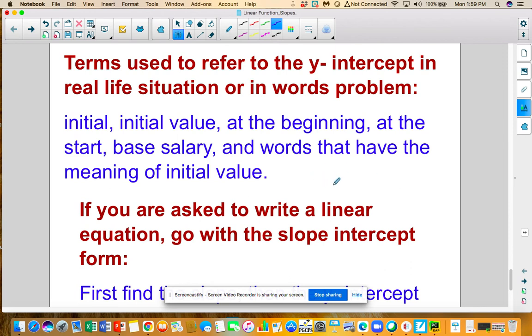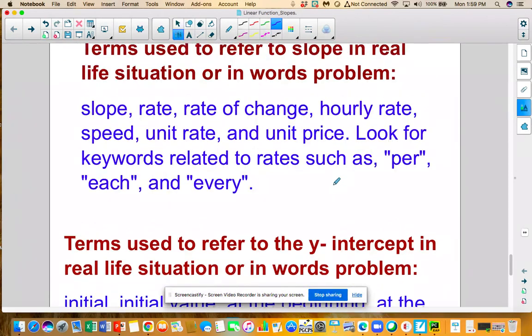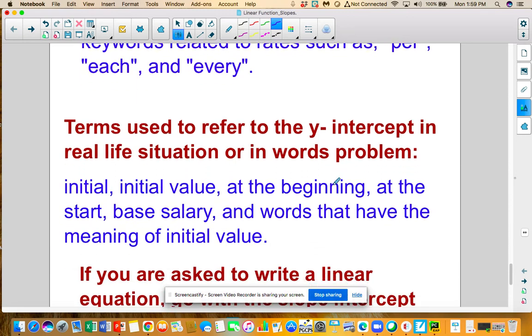All those words refer to the y-intercept. Why is that important? Because you need to be able to identify your slope and your y-intercept.